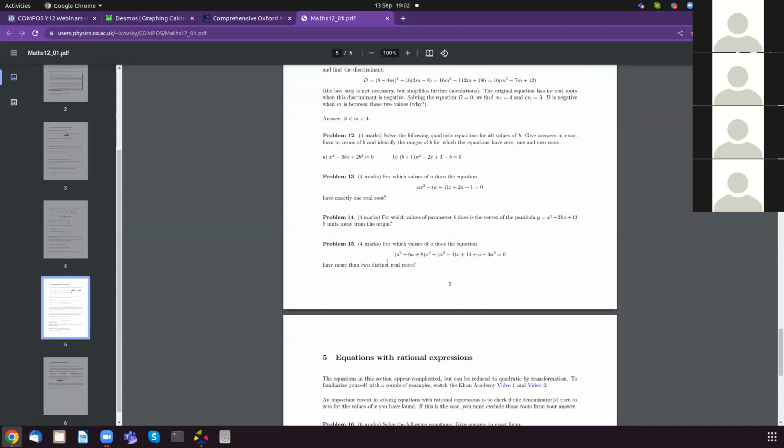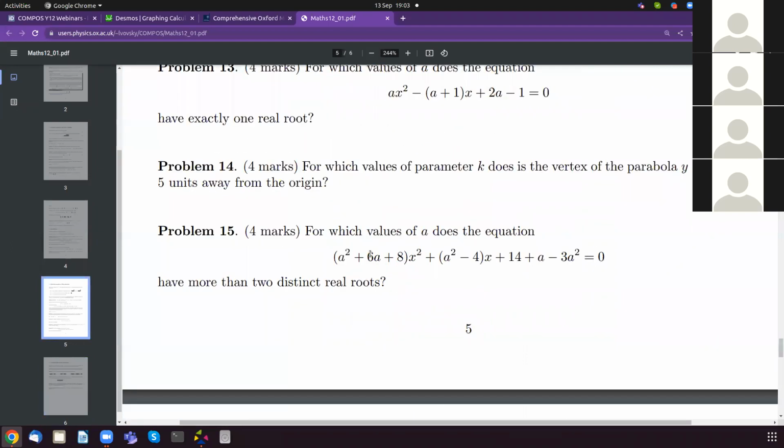This is problem 15. Has anyone managed to do problem 15? Sorta. So, Ashrith, do you mind switching your mic and saying what your thoughts are on this problem?